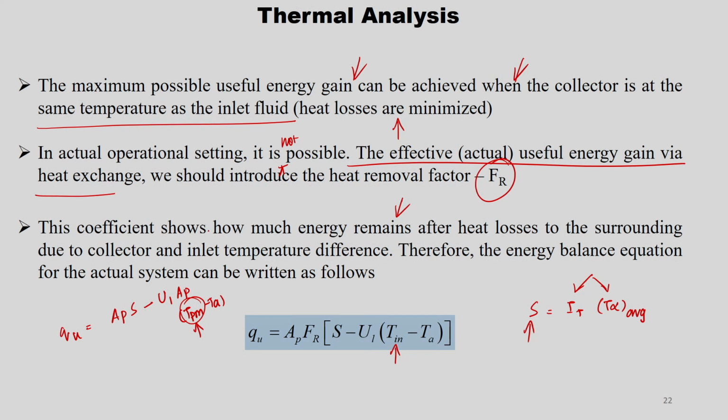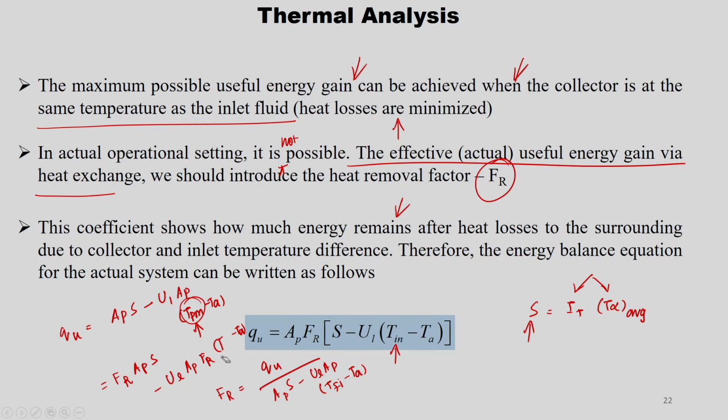That is what is said here. Therefore, the energy balance equation for the actual system can be written as follows, introducing the factor F_R: Q_u = A_p F_R [S - U_L (T_fi - T_a)]. So, F_R is nothing but Q_u upon A_p [S - U_L (T_fi - T_a)].